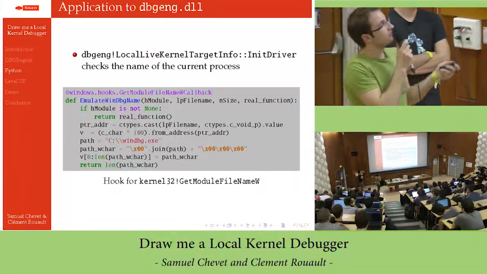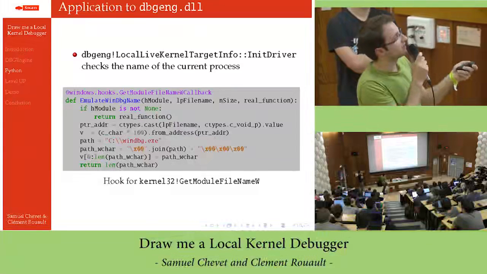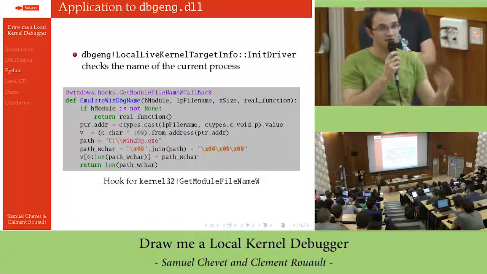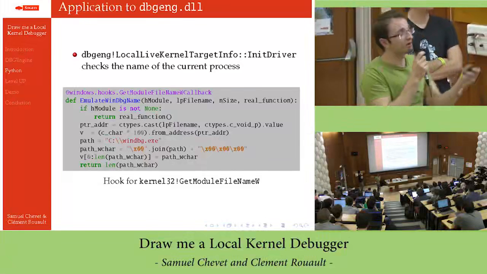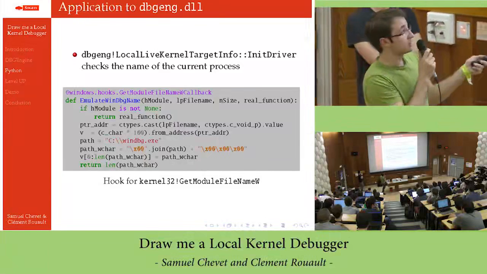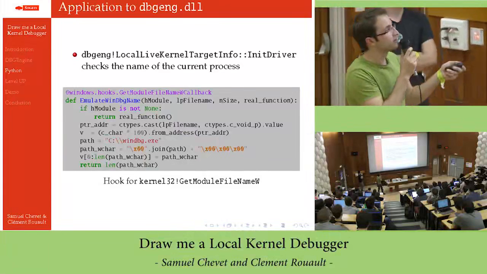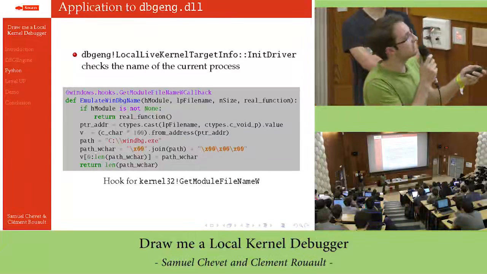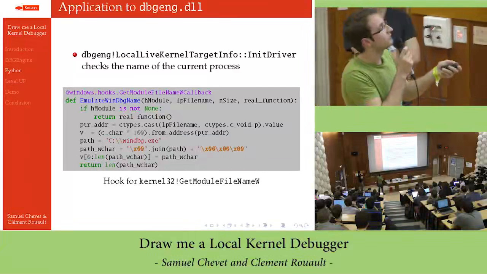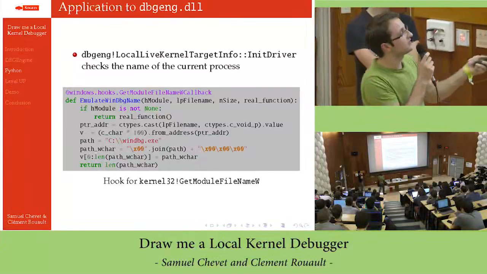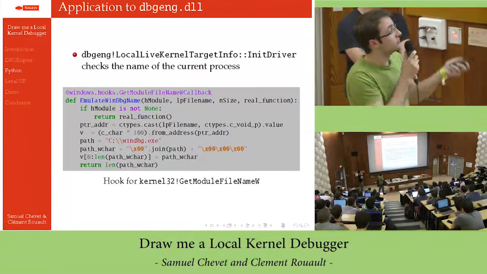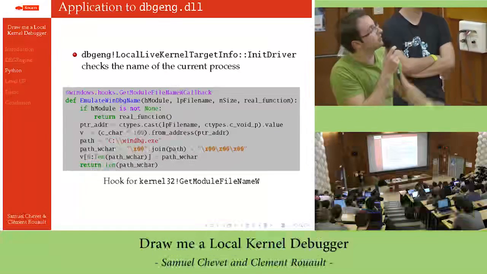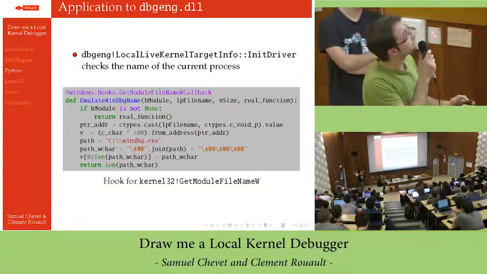What we will do is we take the lpFilename, so the destination address, we cast it to void pointer to get the real address. And at this address, we will write just say windbg.exe. It's a bit messy to write with ctypes somewhere, but we just return the length of windbg.exe.